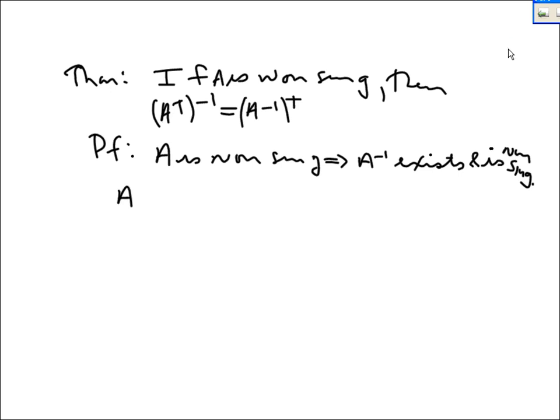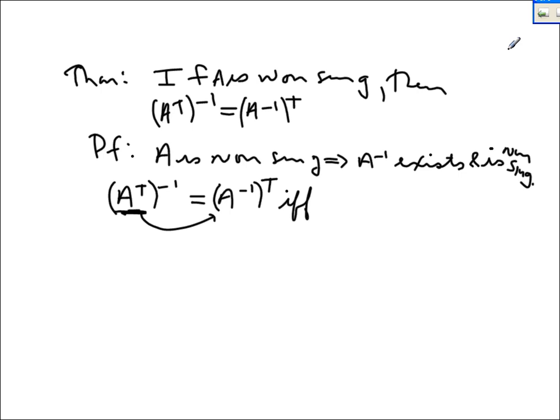Now, A transpose inverse. Remember, we're taking the inverse of what's in the bracket, and we claim it equals that. Well, that would be true if and only if I take A transpose and multiply it by its inverse.